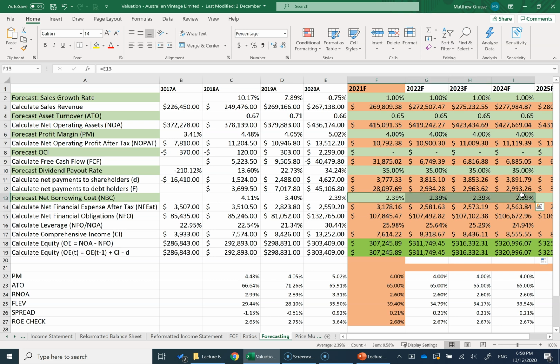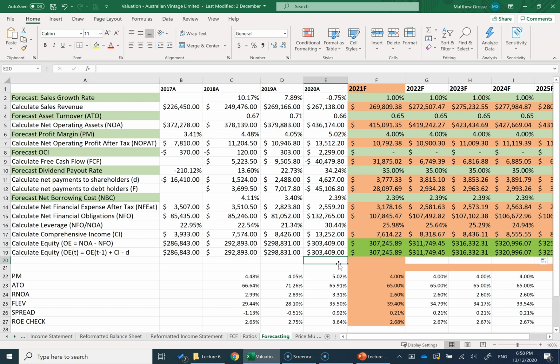Once you've forecast those 5 items, you can calculate all the other key items that would show up on your balance sheet and income statement. So that would be forecasting comprehensive financial statements, because we've got our overall incomes, our equity balances, and our operating and financing performance as well.